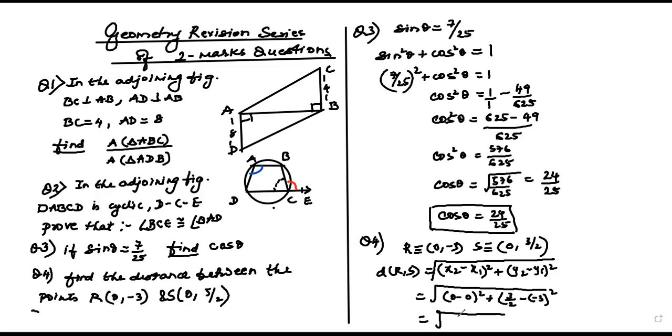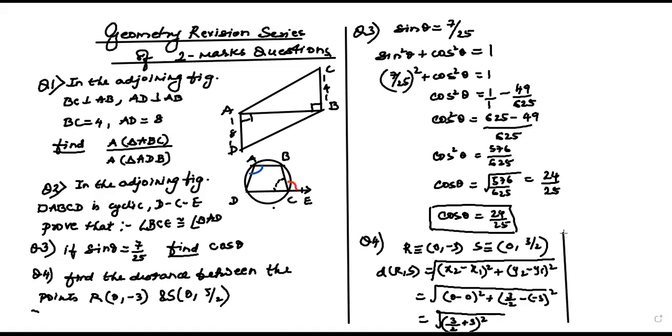So what will happen here? 3 upon 2 plus 3, the whole square. This root sign goes off, and what you're left with, children, straight away, the root sign goes off.